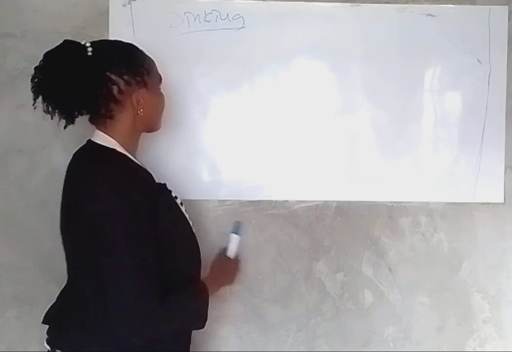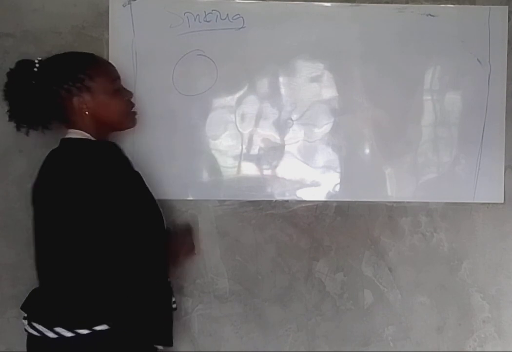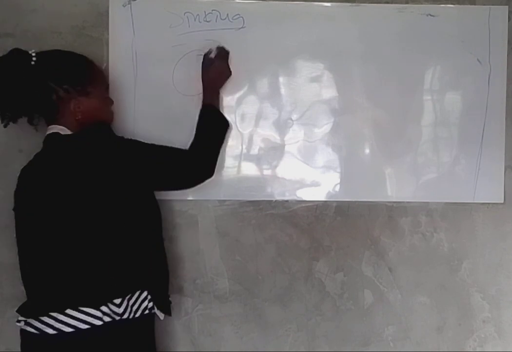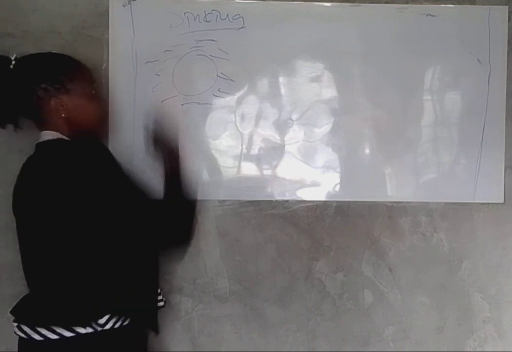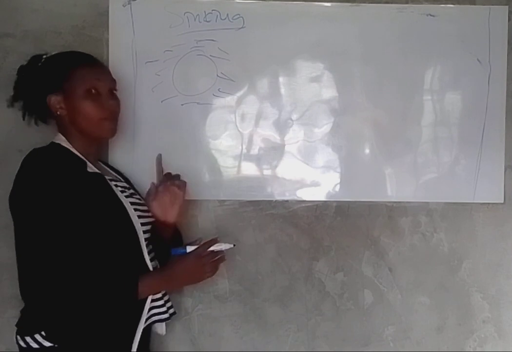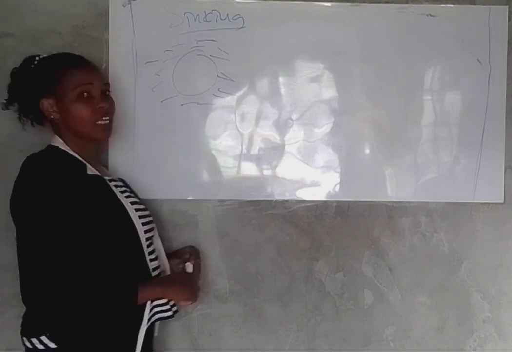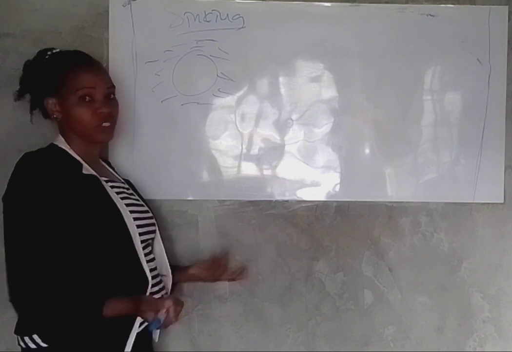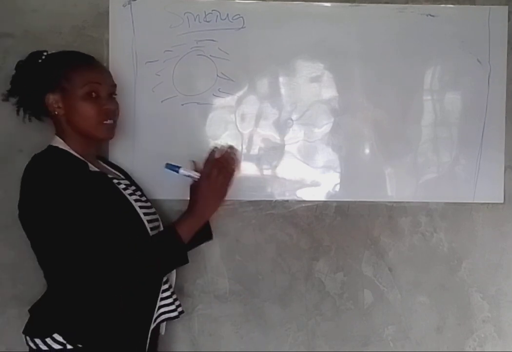So in sinking, let's go back to what we know. We said a body in a fluid, and a fluid is a liquid or a gas, has two forces acting on it. Now we are talking about a body that is stationary, not moving, because when it starts moving, the frictional force, the viscosity, comes in. Now we are assuming our body is static inside a fluid.